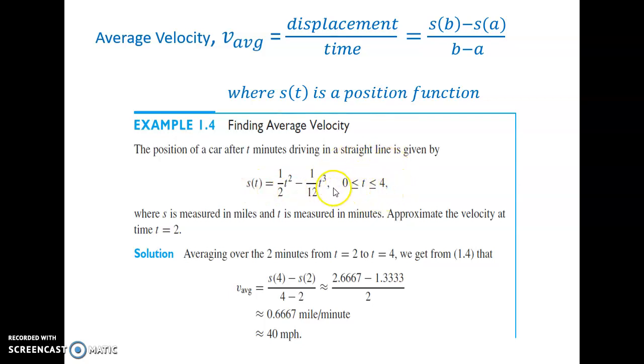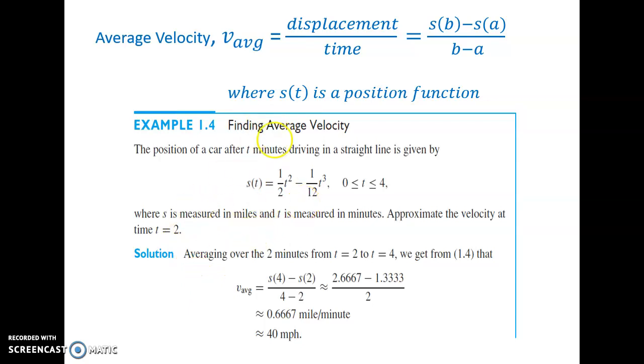And the time is from 0 to 4, and here t is measured in minutes, that is 0 to 4 minutes. s is measured in miles. The question here is to approximate the velocity at time t equal to 2. So here you are asked to find the average velocity.